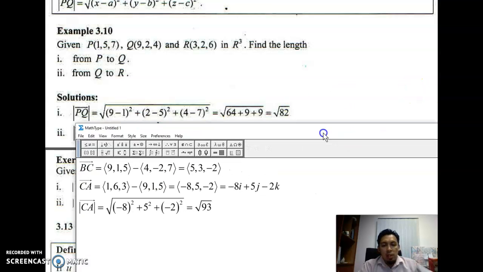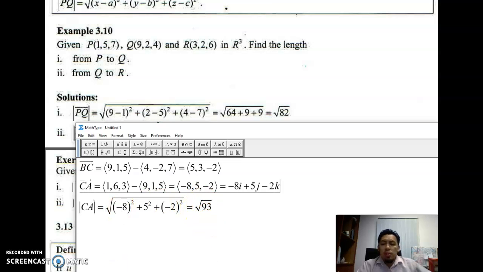So this is the same. Now to change this into a unit vector, we need to figure out how to change these values so that when we calculate its length, we'll get 1. As for now, the length is root 93.